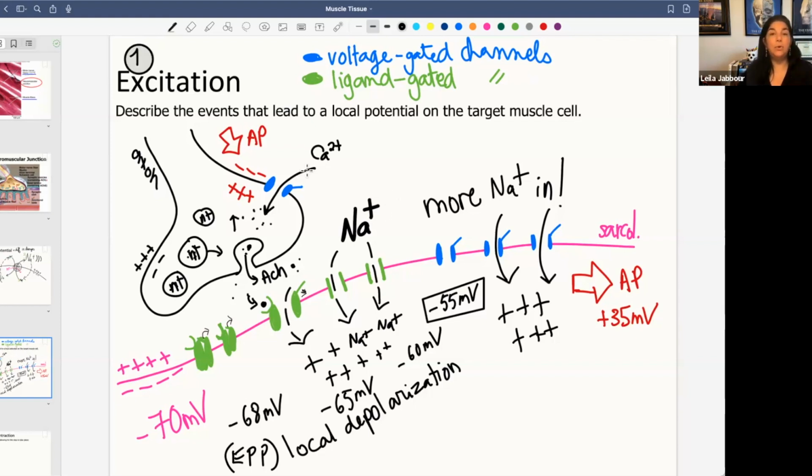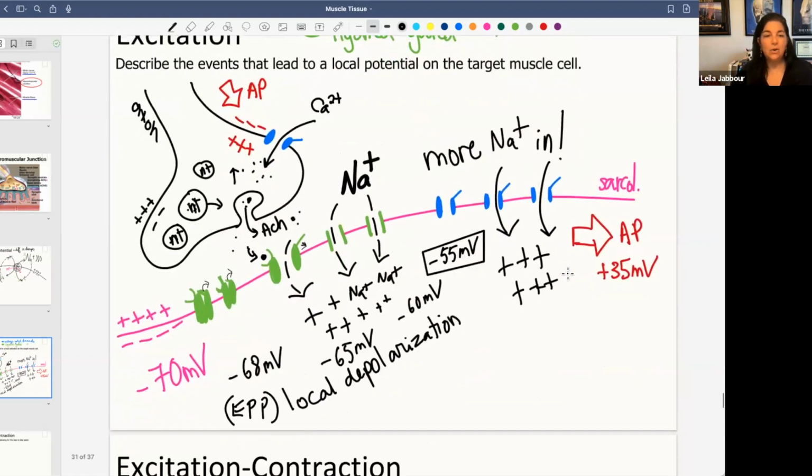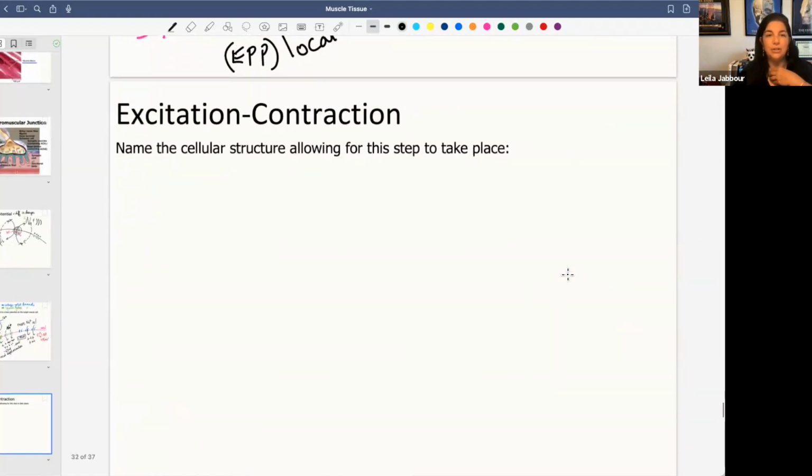Basically the goal was to recreate the action potential on the target cell, and we did just that without even touching the target cell per se. We just sent a messenger. The messenger locally created a small depolarization that was strong enough to then open the additional channels for a larger depolarization at the membrane. Great. The cell is excited. It knows it has to contract. So the next phase is called the excitation contraction coupling.